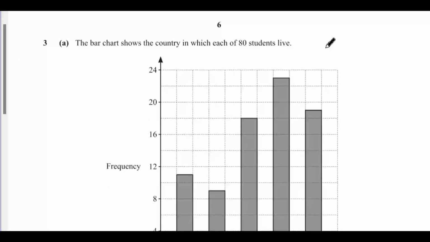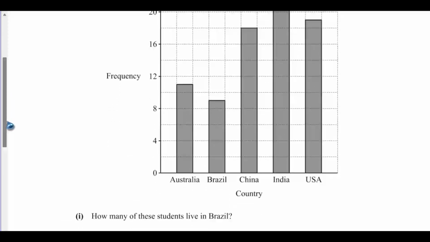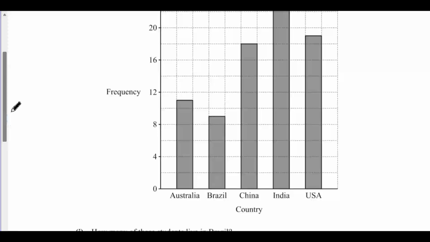Question 3. The bar chart shows the country in which each of 80 students live. How many of these students live in Brazil? So Brazil will be here, and it is half of this. So that is 9, because from here to here should be 10.